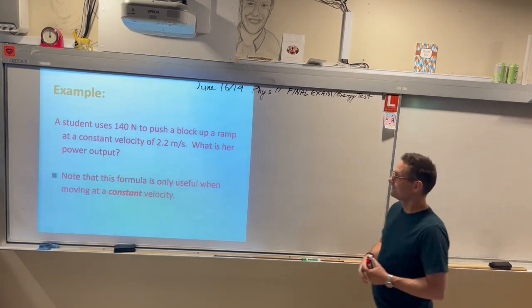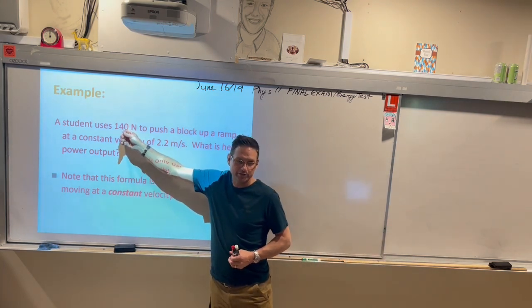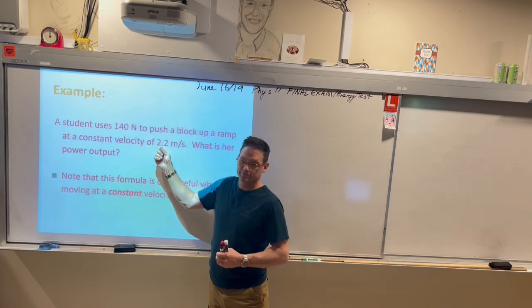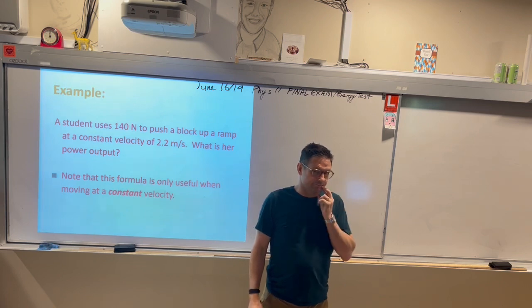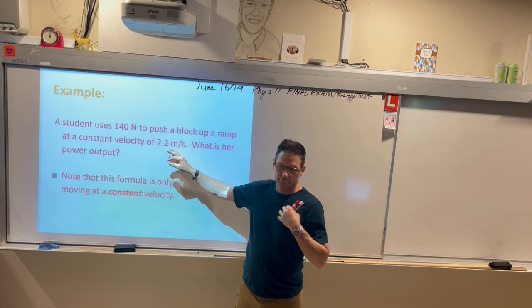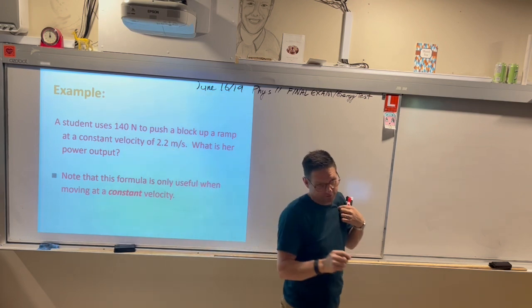Good. So if you just multiply this force, this is like the applied force, by the speed, that gives you the power. Would this work if we were speeding up or slowing down? No. So you can only do this when it's constant velocity, but it's a nice little trick.